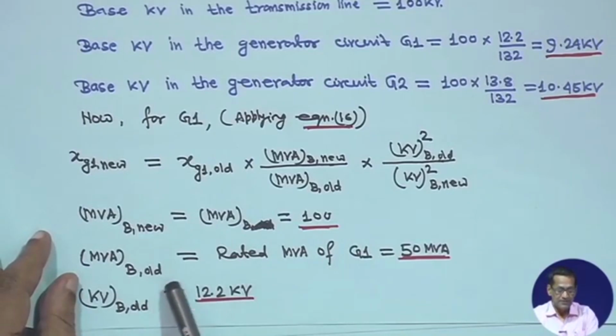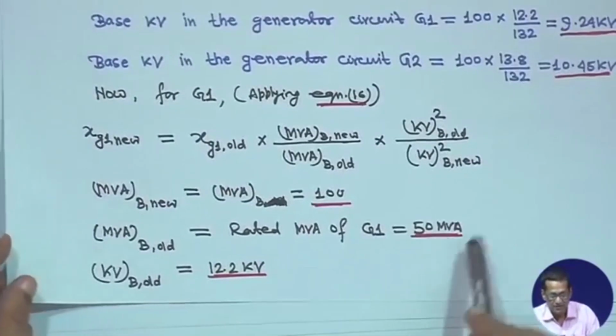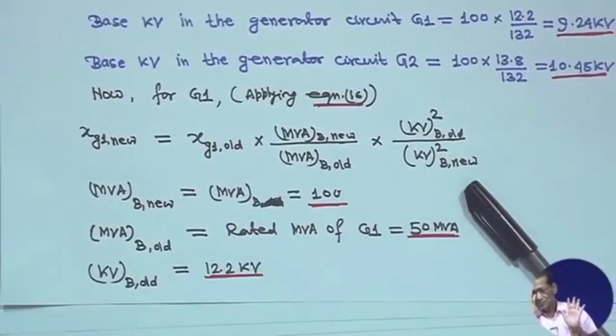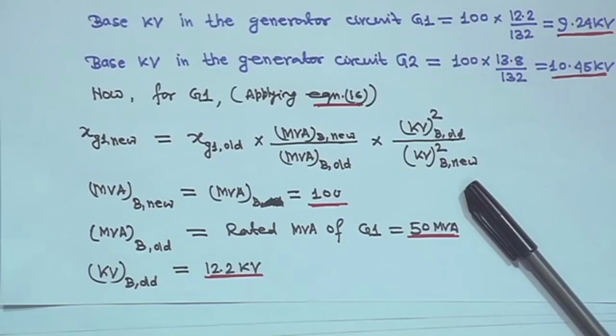Now, MVA base old is equal to the rated MVA of G1. What I want to say is, whenever you take old MVA or old kV, it means the rated voltage of the generator, transformer or motor, and old MVA means the MVA rating of the generator, transformer or motor. These are always your old values.